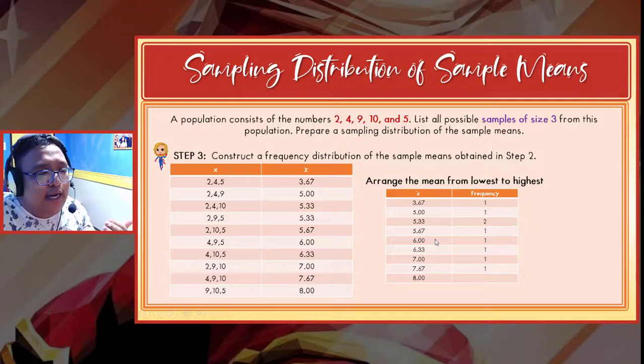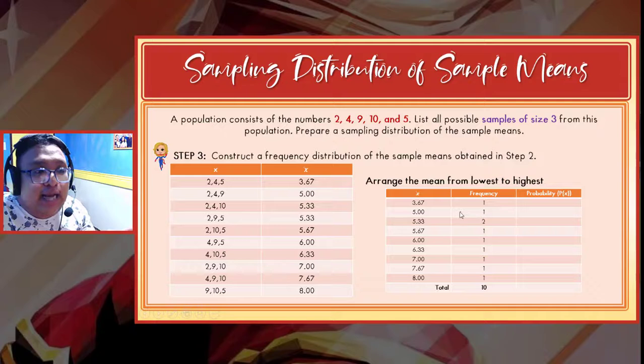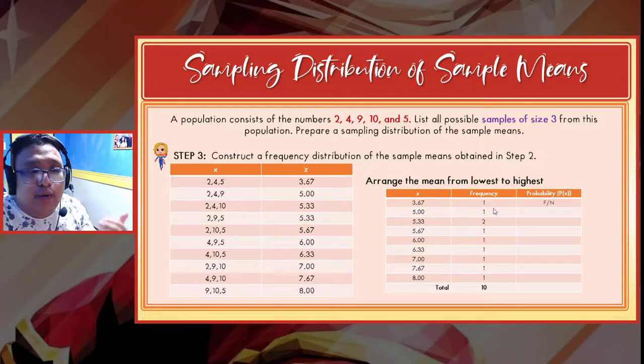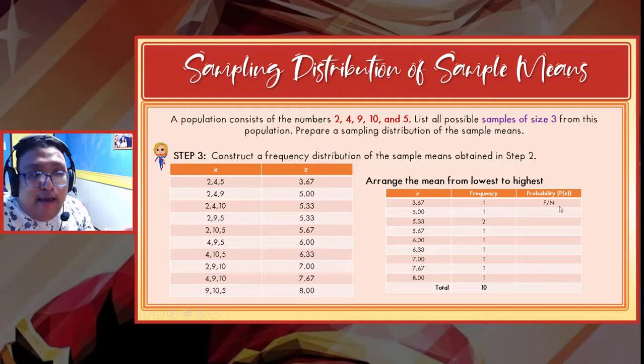So, now that we already identified the frequency distribution, pwede na natin siyang kunan ng probability. Kaya tayo gumawa ng frequency distribution para makuha natin ang probability. Now, the probability would go like F over N, or frequency divided by the total number or the total samples, right? We have 10, right? So 1 over 10.